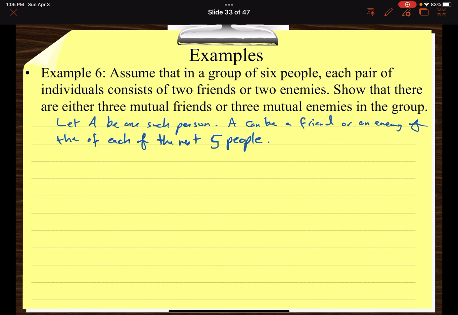So now, does the generalized pigeonhole principle give us any information about this person and the rest 5 people? In other words, how can anybody see boxes and objects in this situation?